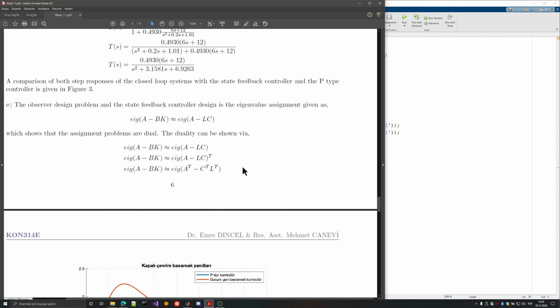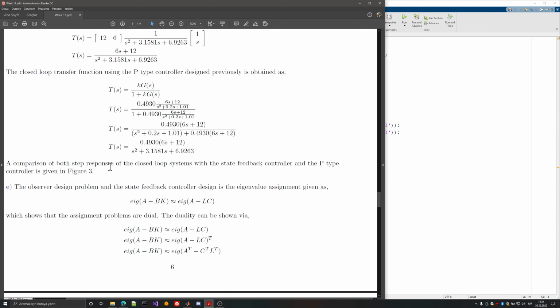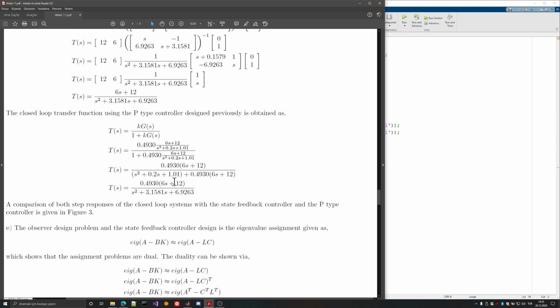But in order to be able to see the real difference here, not in terms of this design, because this design is the same, up to this point, what these results show us is basically that you can use a p-type controller to assign poles, and all those poles are also assignable by using the state feedback controller.